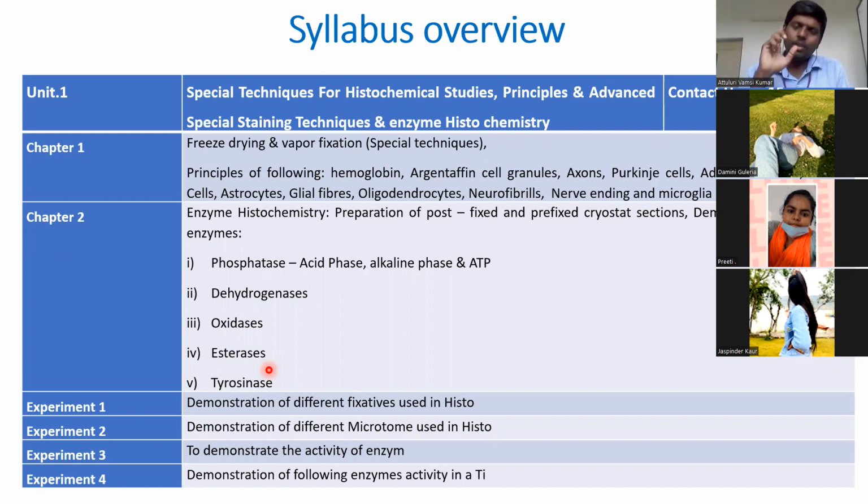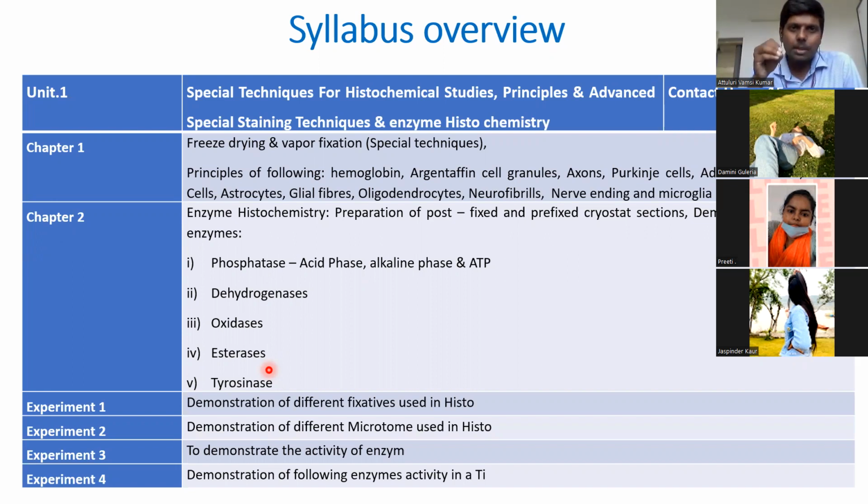Upon blocking, we will try to detect the enzyme with various types of substrates. We have specific substrates for detection of oxidases, dehydrogenases, phosphatases, esterases, and tyrosinases, so that specific enzymes can be detected. So this is how specific blockers will be used in enzyme histochemistry.